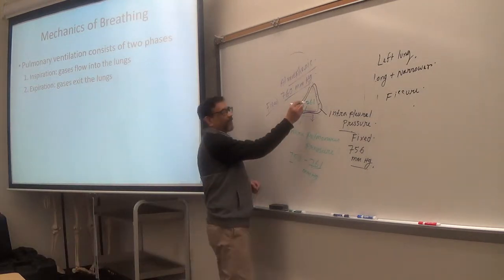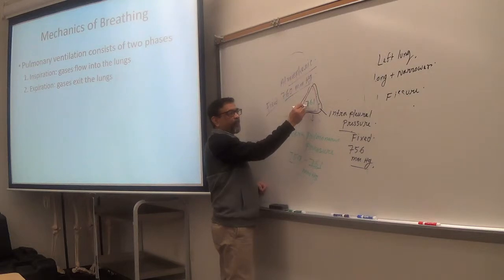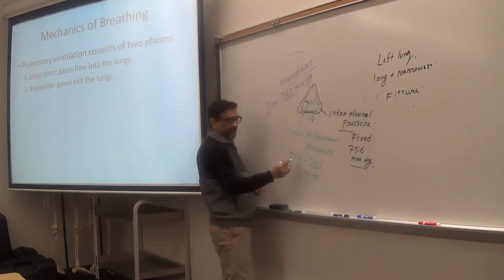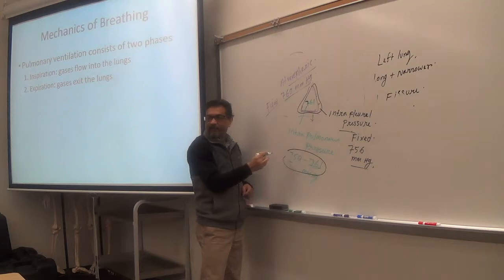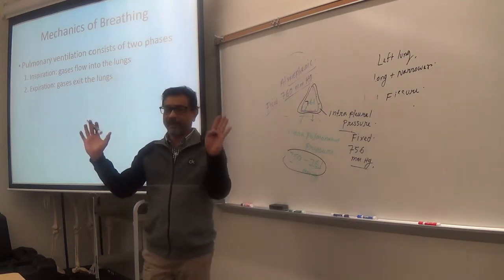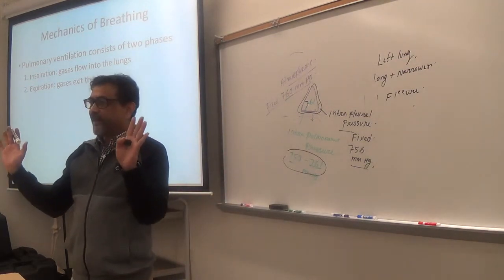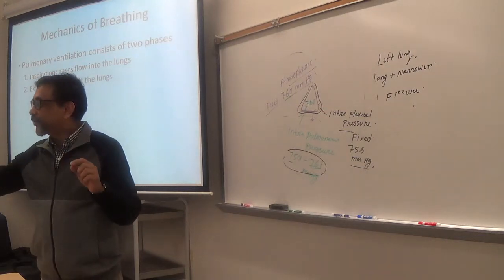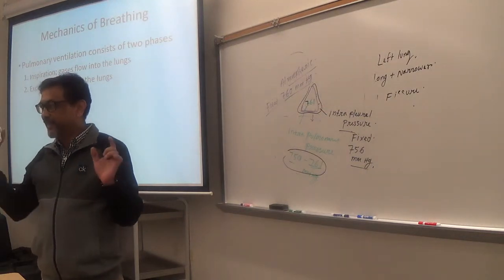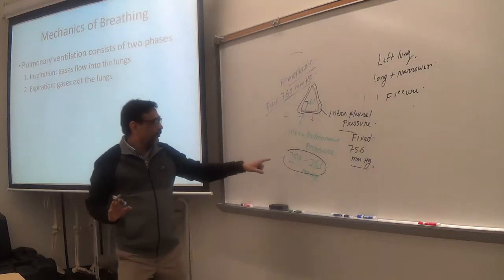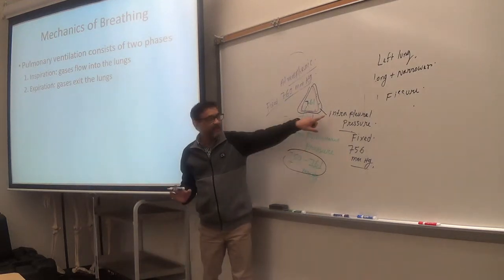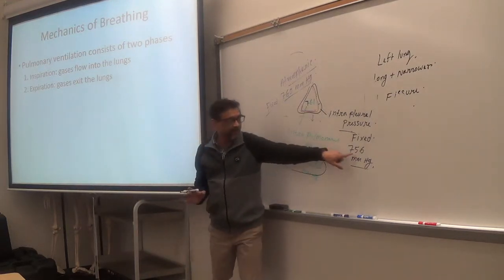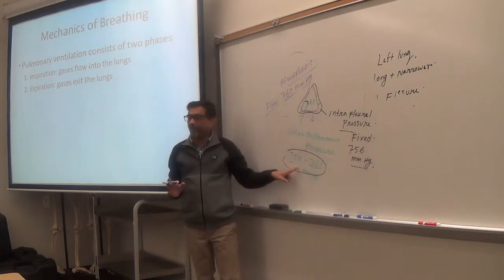Now, let's go back to intrapulmonary. Intrapulmonary is this, right? 759 to 761, right? And intrapleural is always fixed, 756, right? So always the intrapleural pressure is less than intrapulmonary. Make sense?